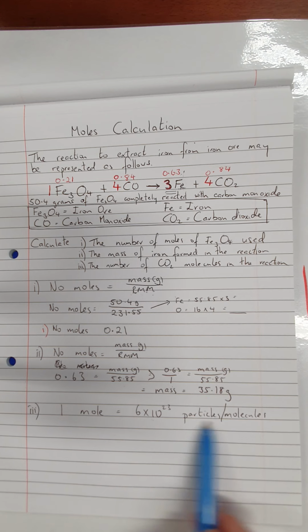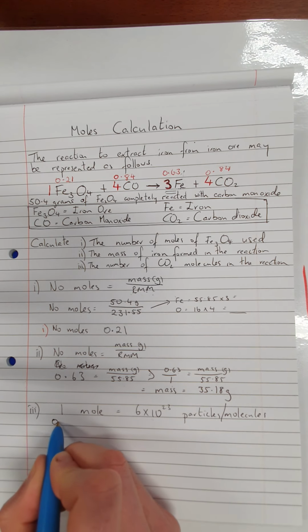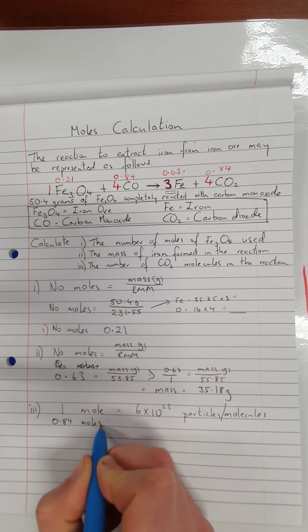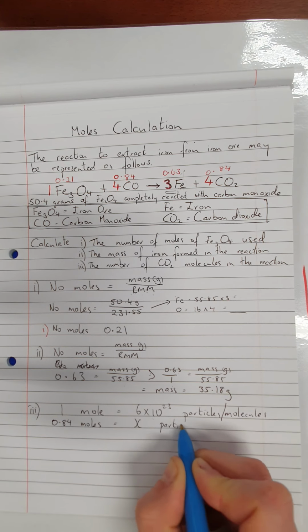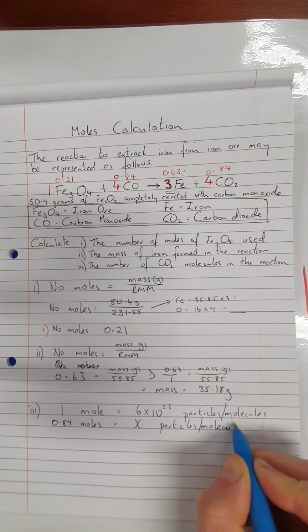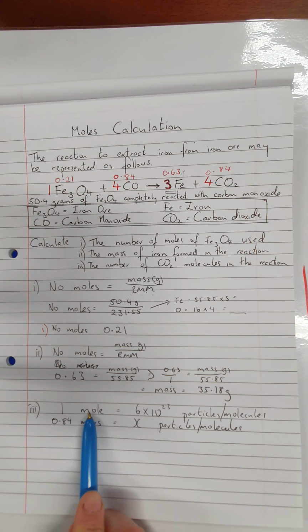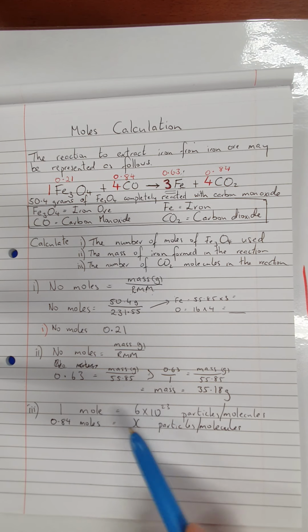Now what I want to figure out is how many molecules will be in 0.84 moles. And I have no idea how many particles or molecules that contains. Now what I have though is molecules equals particles and moles equals particles. So when I have that, I can cross multiply.